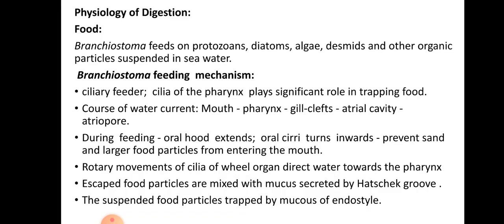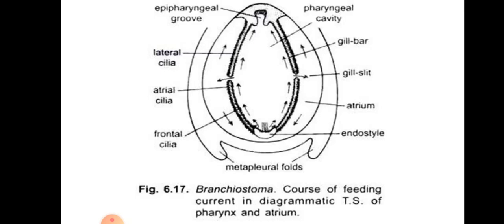So thereby it results in food-laden mucus that is secreted by the endostyle. It traps all the food particles and forms the food card, and by the continuous beating of the cilia, this food card is pushed backwards.